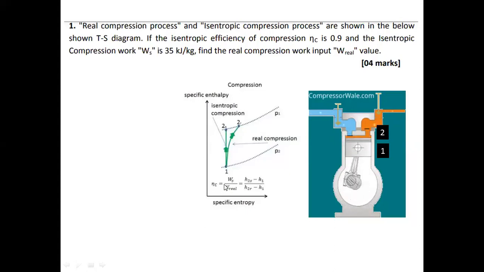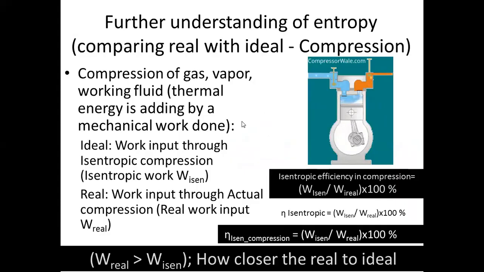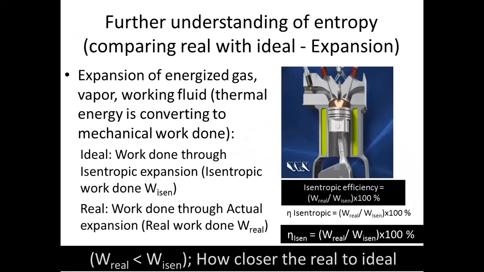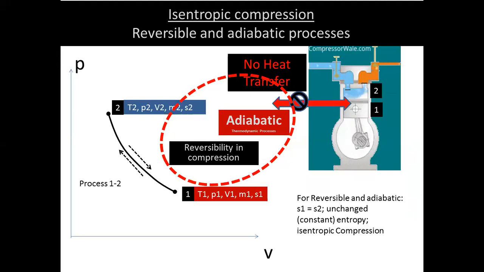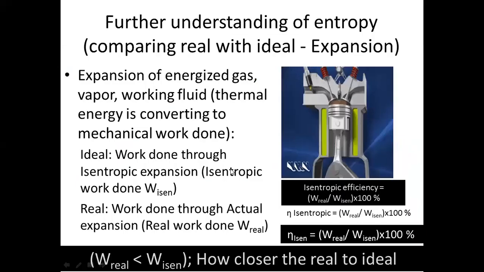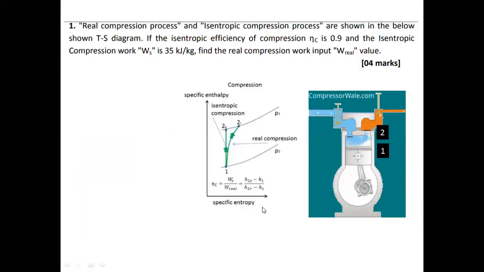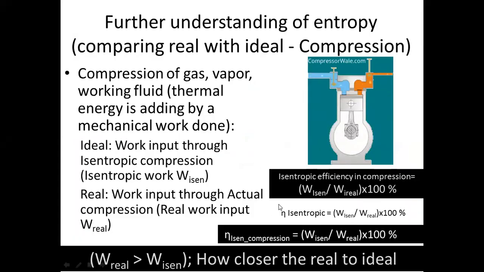But for real, S2 is greater than S1. So see the deviation, real compression. This is the ideal one. This is only P and V. Later I will draw the TS. So for the real one, your entropy is increasing from 1 to 2, not like S1 equals S2.